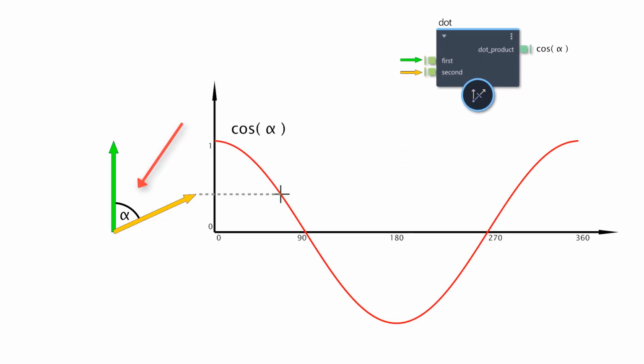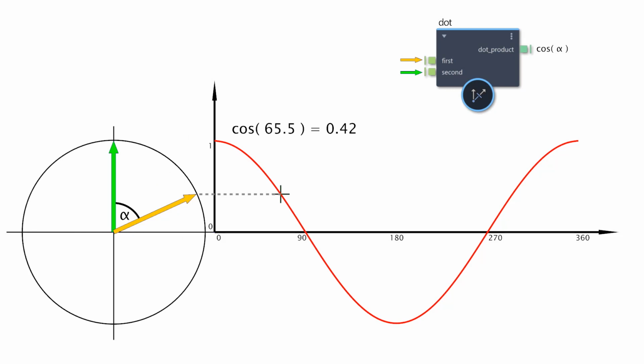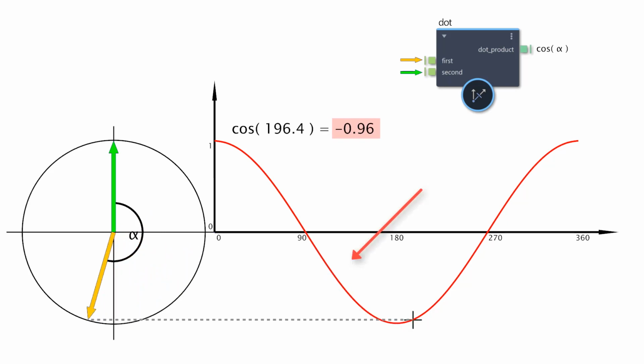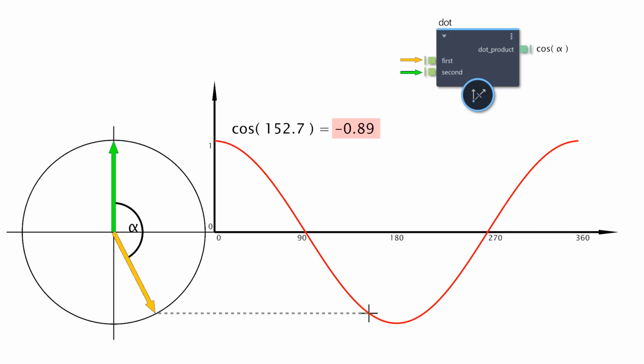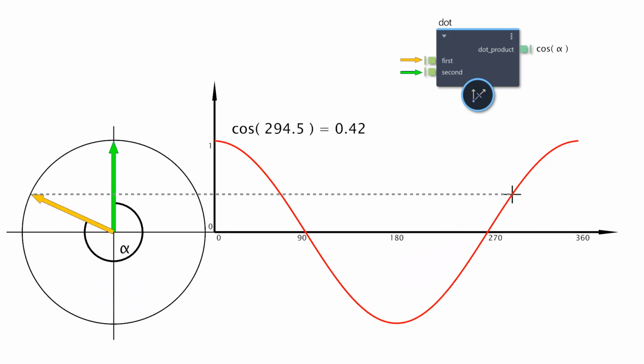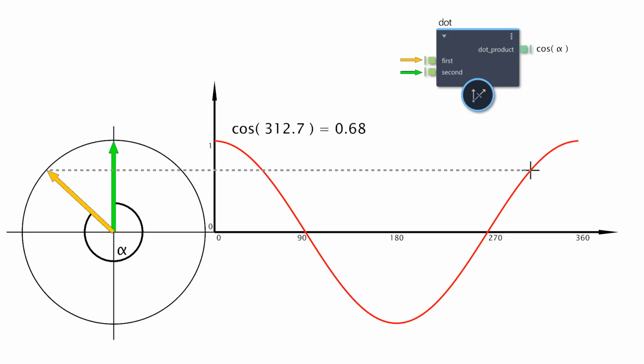If this angle is less than 90 degrees, then the dot product, the cosine of the angle, will be greater than 0. If the angle is greater than 90 degrees, then the dot product is less than 0. You can see this clearly on the curve of the cosine. Beyond 270 degrees, the vectors approach each other again and point in the same direction.